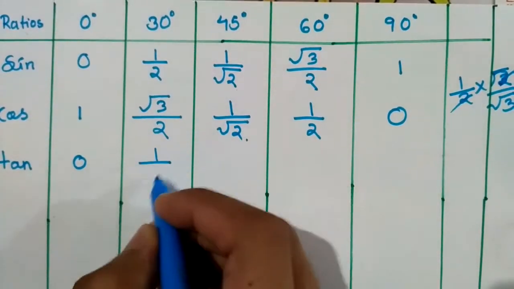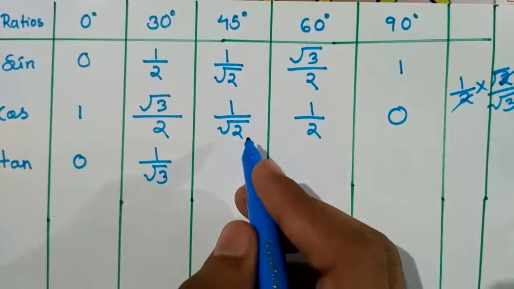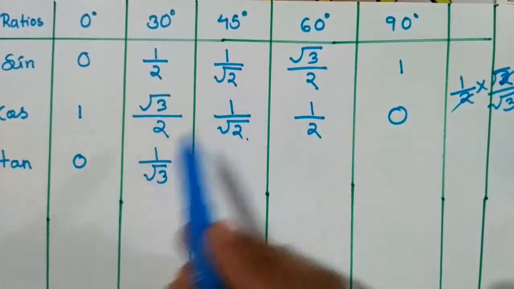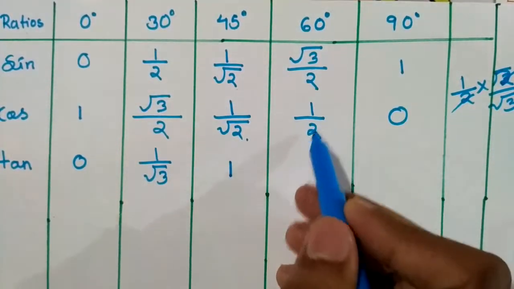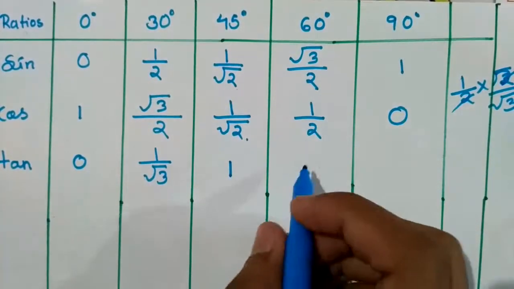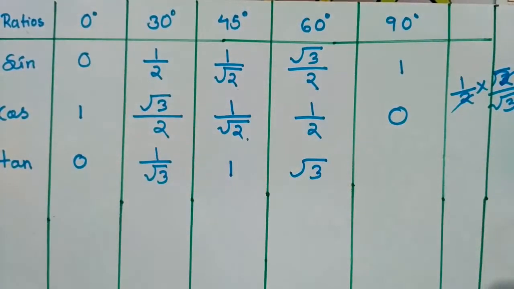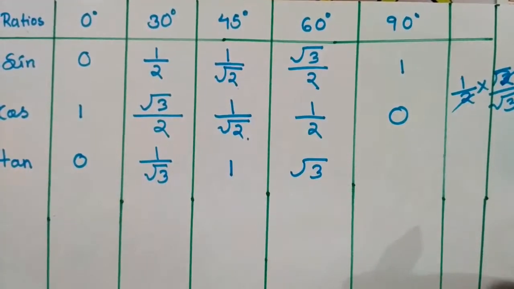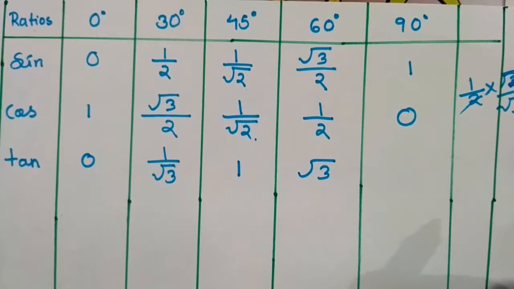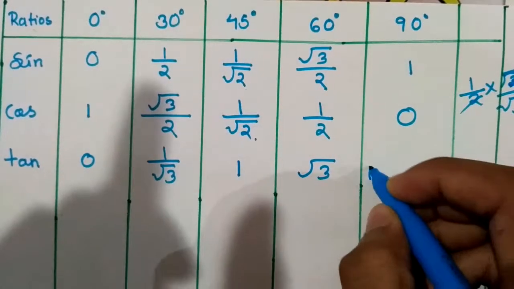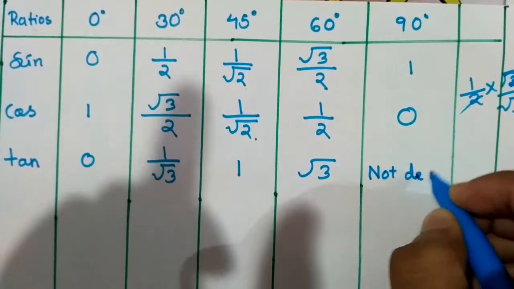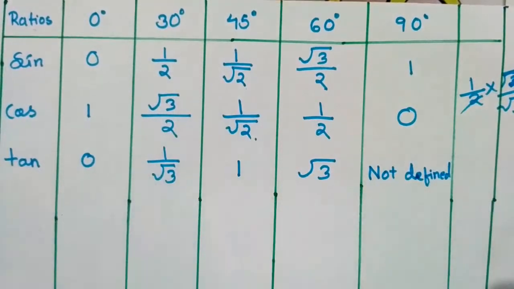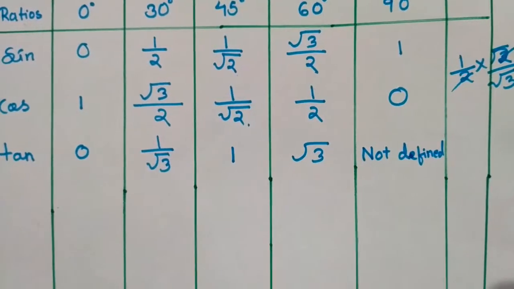So 30 will be 1 by root 3. Same process here, when you take the reciprocal, root 2 and root 2 will be cut, so 1 will remain. And here 2 and 2 will be cut and root 3 will remain. Now friends, when you divide 1 by 0, anything with 0 as the denominator is not defined, because it is not scientifically proved what happens when 0 is the denominator. So it will be not defined.